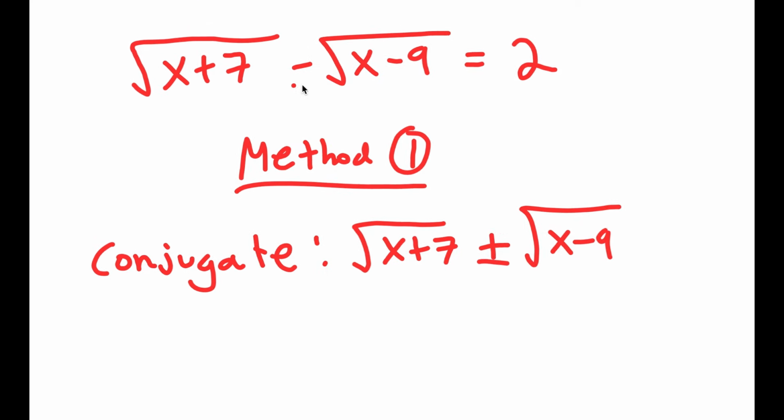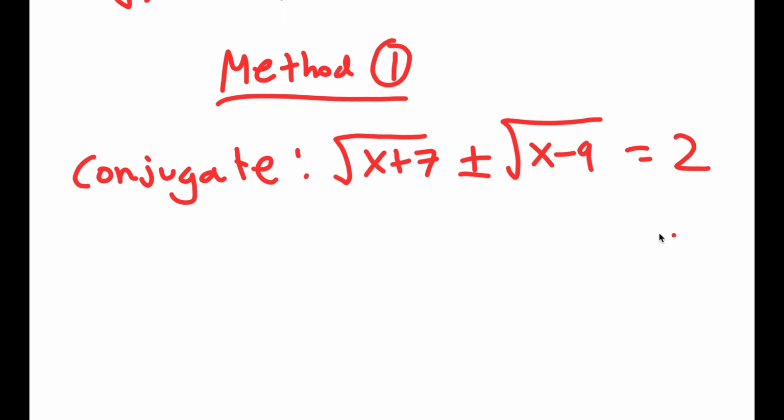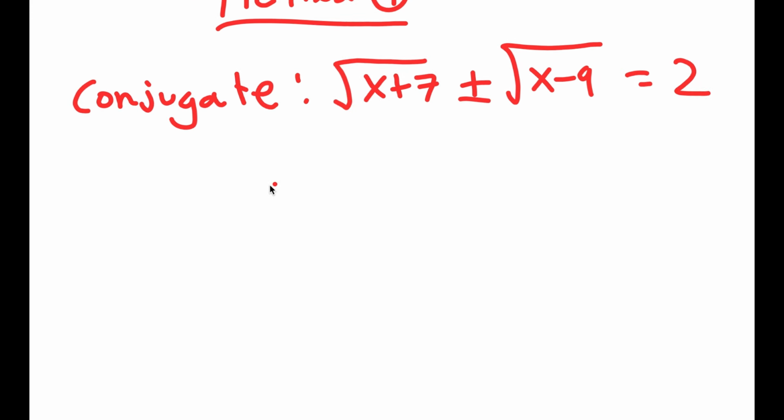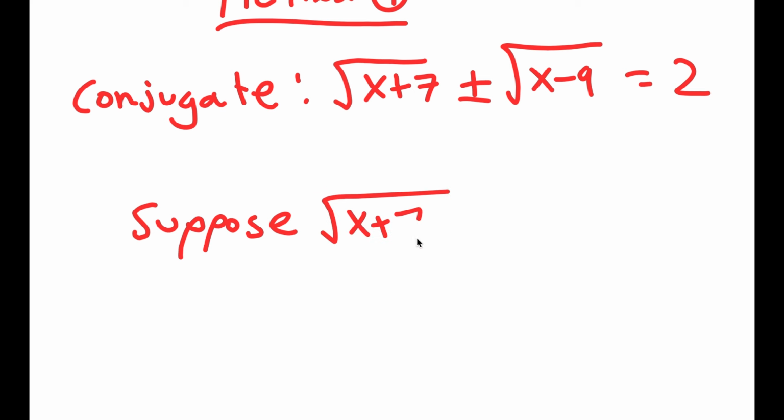So we have the plus over here instead of the minus. So let's suppose that the square root of x plus 7 plus the square root of x minus 9 is equal to the variable m.